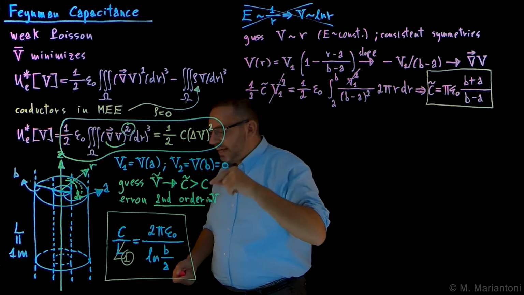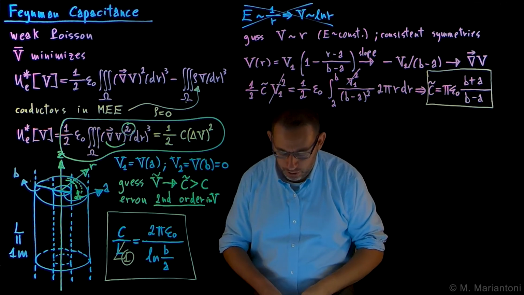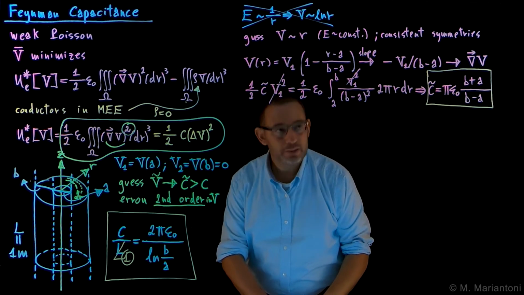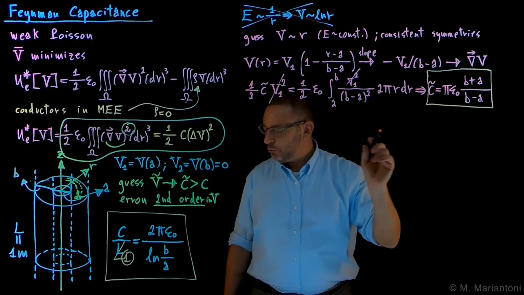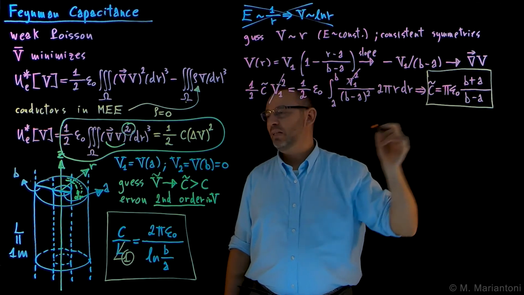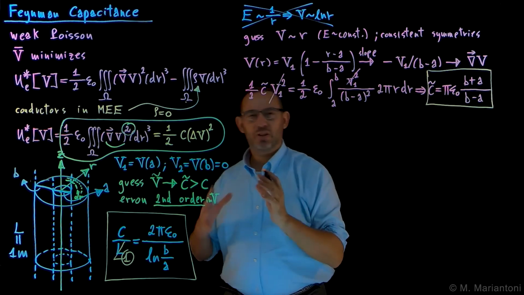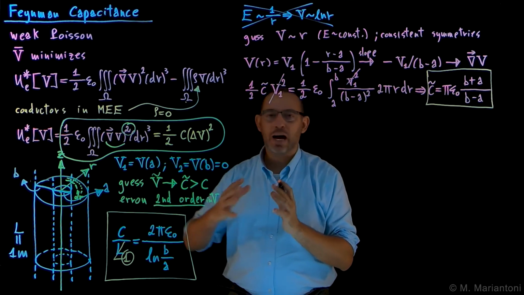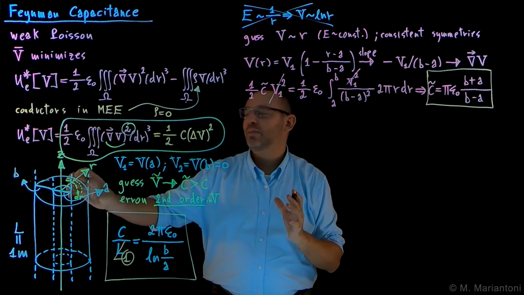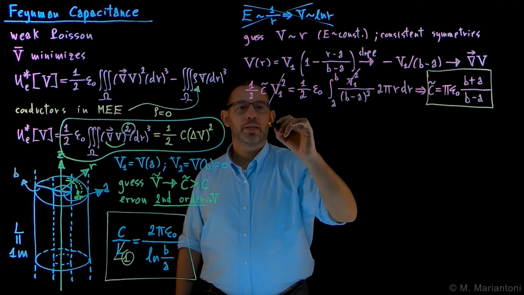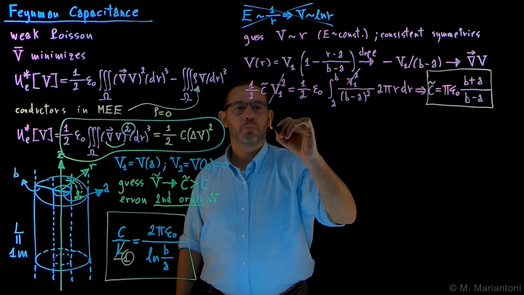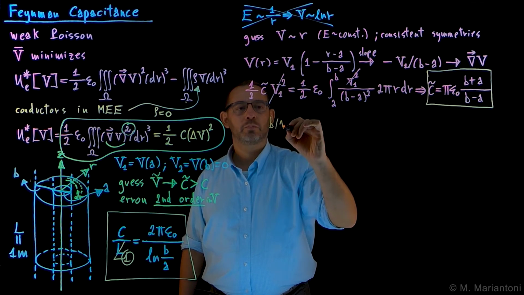So if you look up, this actually is done by Feynman, this table which I'm about to sketch down here. So here I will just report it for you. And so we will have 3 entries. In one, we have the ratio b divided by a, which tells us the aspect ratio. So what are the relative dimensions of the inner conductor versus the radius of the outer conductor. So in this table, let's have in one entry b divided by a.